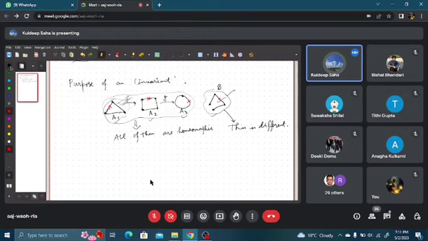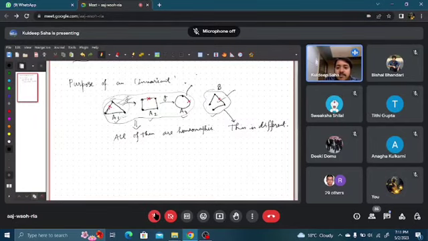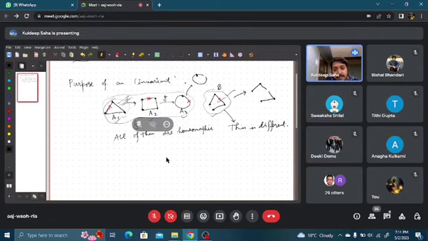Does that make sense? Yes. So from here, we will get something like this, but from here, we'll get something like this. So we are applying the argument of connectivity, but after deleting a point.